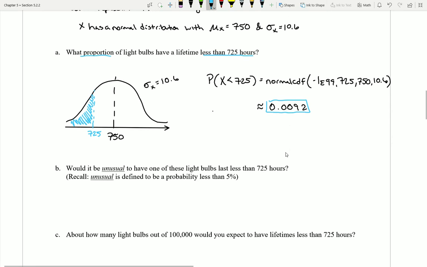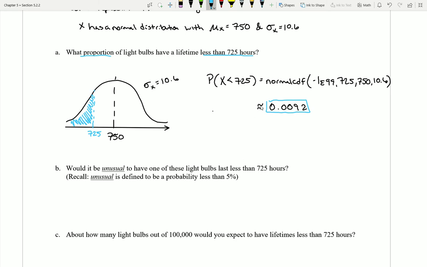Well then, notice that something like part B becomes a very, very simple question to ask. Would it be unusual to actually grab a light bulb and find out that it is one of these light bulbs that lasts less than 725 hours?